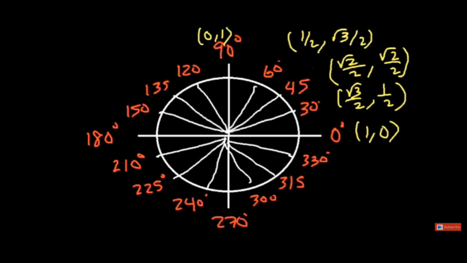Now, if you know the values for the first quadrant, they are going to be the same for the other quadrants. Only the sign may change. So in quadrant 2, x is negative but y is positive. Notice that you have 1, 0 on the right side, so 180 is going to be negative 1 and 0.